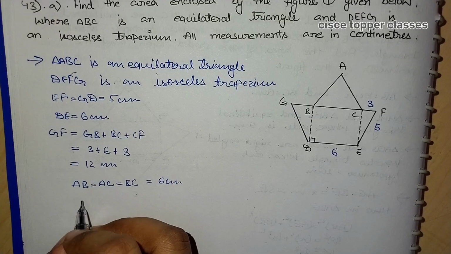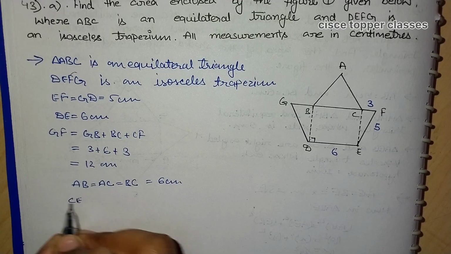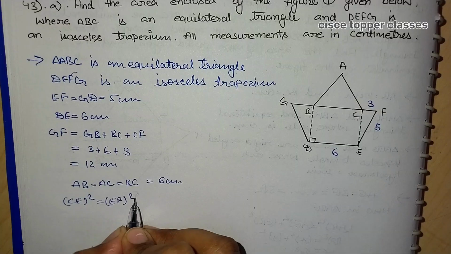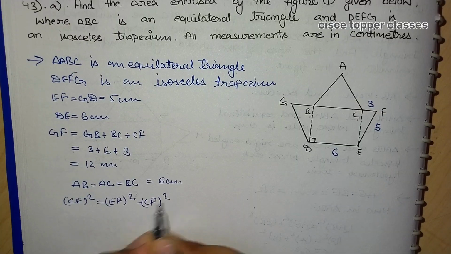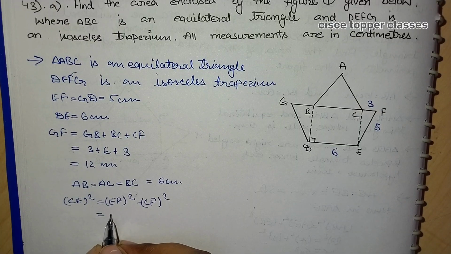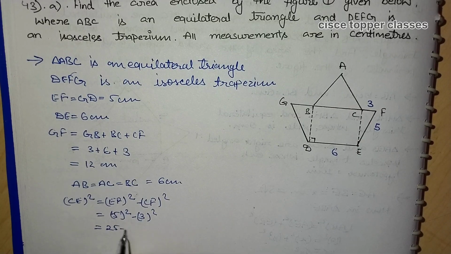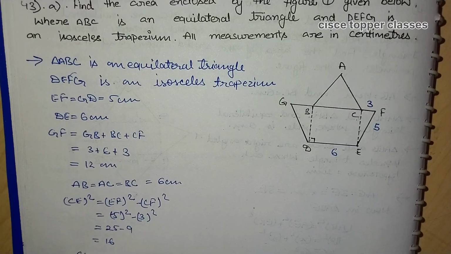So by Pythagoras theorem, CE ka whole square is equal to EF ka whole square minus CF ka whole square. By Pythagoras theorem we will put the value of EF. EF is 5 ka whole square minus CF is 3 ka whole square. So 25 minus 9 equal to 16, means CE is equal to 4 centimeter.